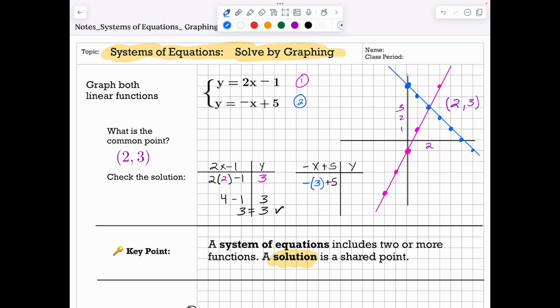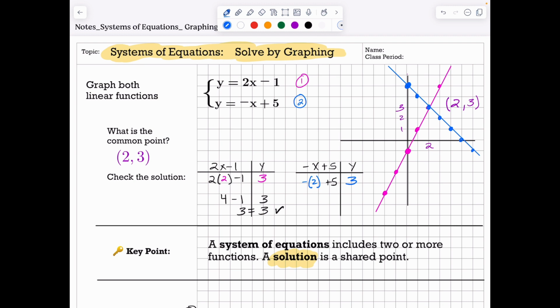And my y value is, oh, I made a boo-boo right there. Look at that. My x value is 2. Who caught that? And my y value is 3. I'm going to toss you a piece of candy if you caught that.